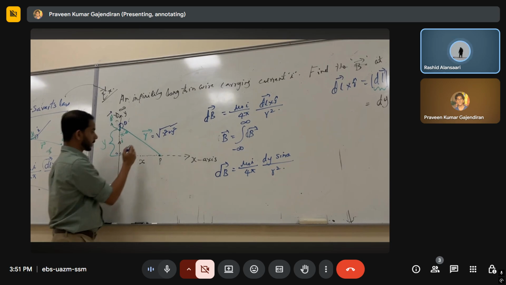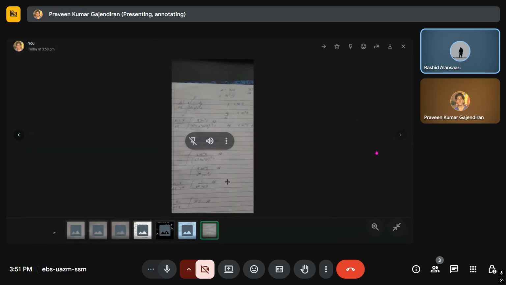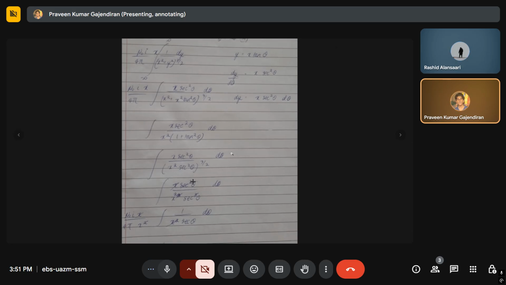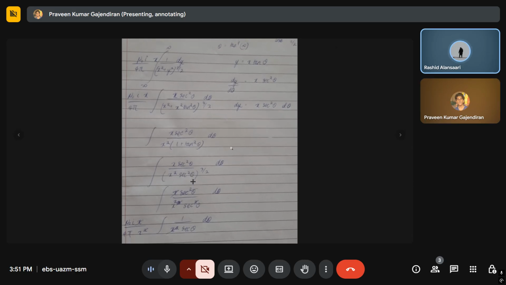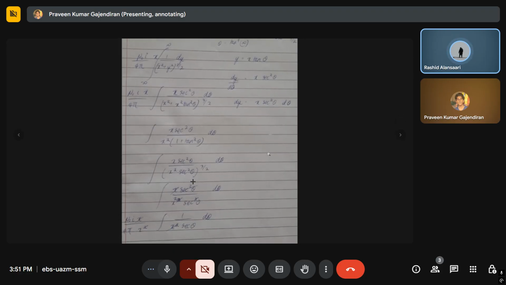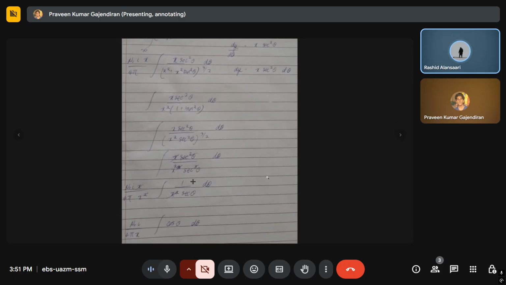Can you share your screen on the photo and point at it? Where we stopped, Najib stopped at dB is equal to mu I over 4 pi, then dy sine theta over r squared. This is where Najib stopped.